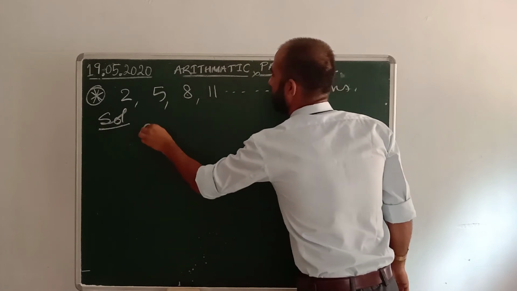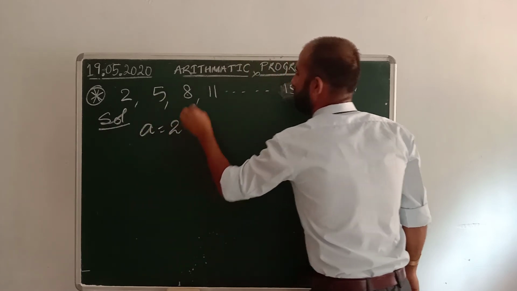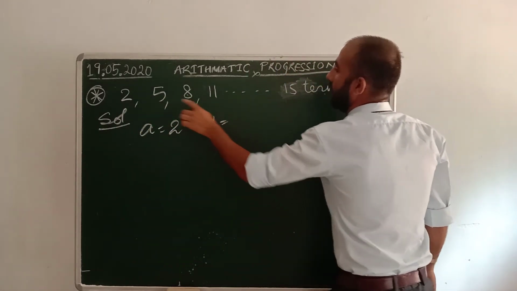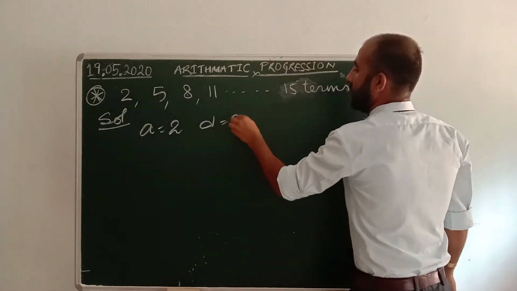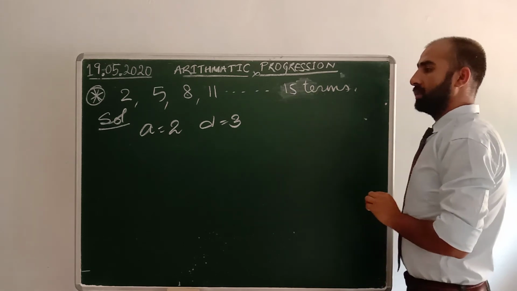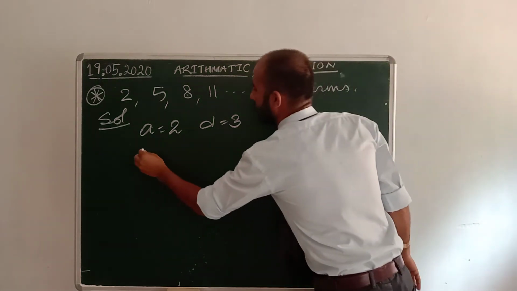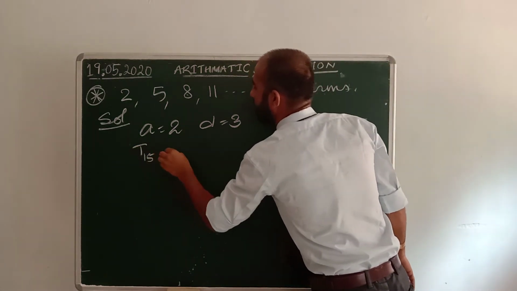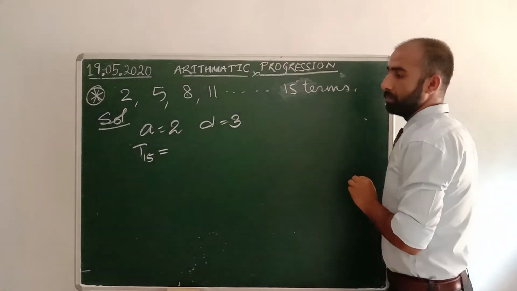Here the first term is 2, the common difference is 5 minus 2, that is 3, and we are supposed to find the sum of the first 15 terms. First, using the term formula, we are going to find the 15th term.